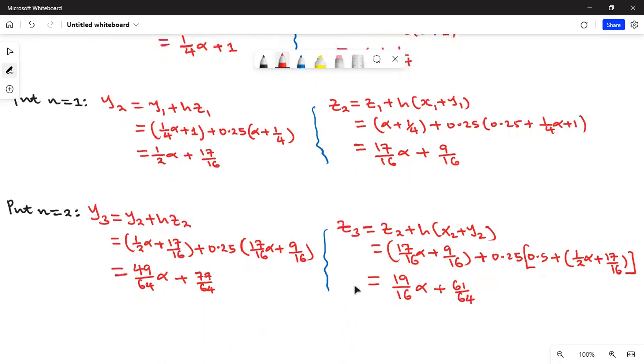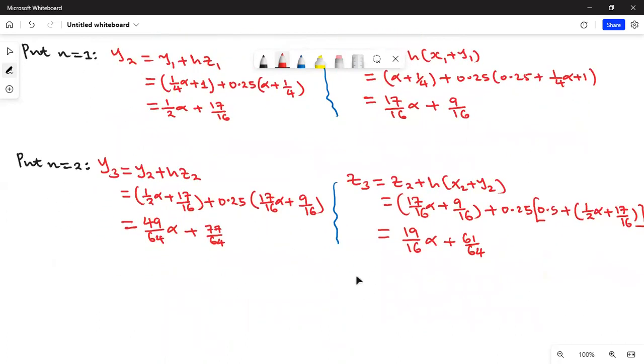And finally, of course, the next one will get us to Y4. So you put n equals 3. Remember our target was Y4. So when n is equal to 3, we are going to get Y4 is equal to Y3 plus H Z3.